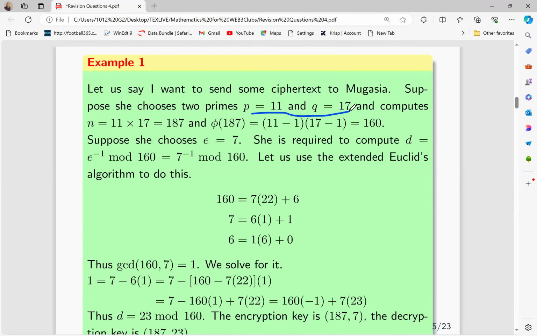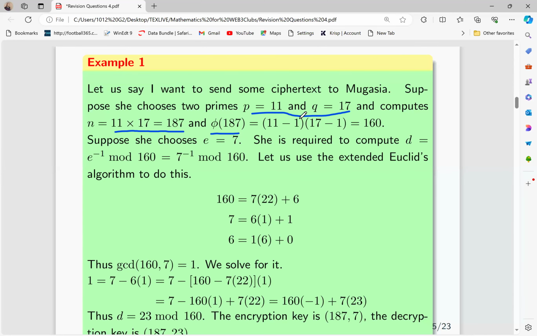Once she chooses these two prime numbers, we said her first duty is to get the product. The product is 187. This 187 will be made public. Now, the other duty we said is for her to get phi of m.